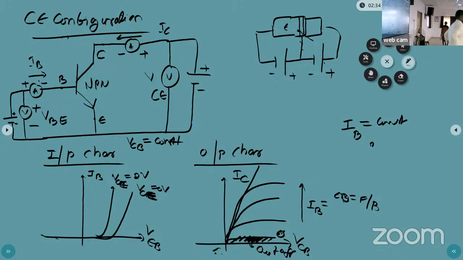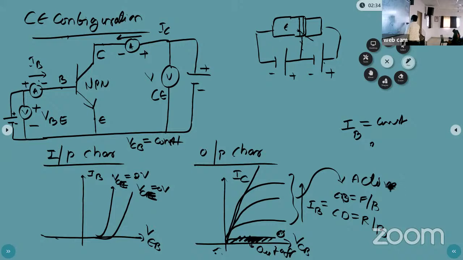What is the collector base voltage? Forward voltage or reverse voltage? Reverse voltage. So in this region, the collector diode is reverse bias. And this region is called the active region. Active region.